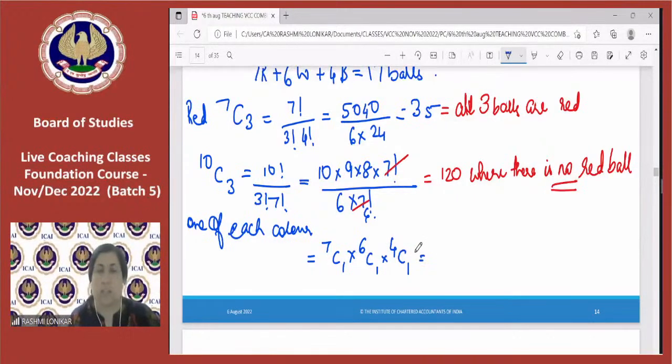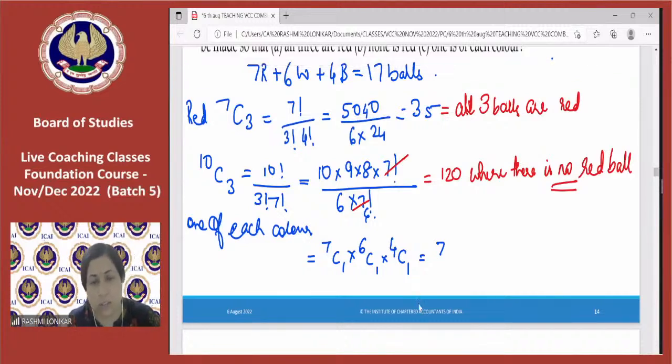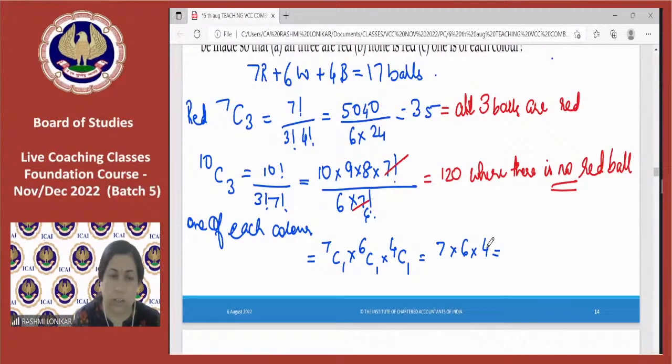So 7C1 is 7. Okay. Because this is 7 factorial upon 1 factorial into 6 factorial. So this is 7 into 6 into 4. So this is 24 into 7, which is 168.